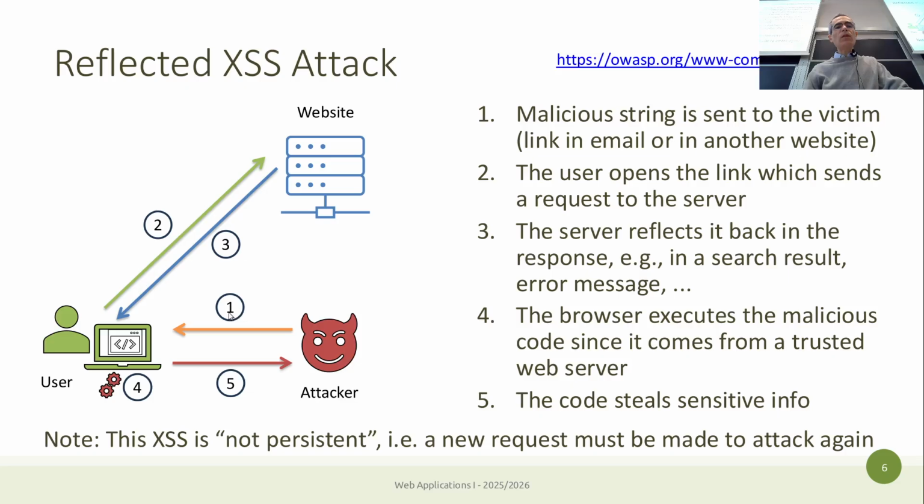And you see the first action is that the attacker in some way sends something, a malicious string we say here, to the victim, that is the user, okay? This is the typical case when you receive a link in an email, okay? They send you a link, or they share a link on a social network, WhatsApp, Telegram, whatever, okay? And you are tricked into clicking on that link.